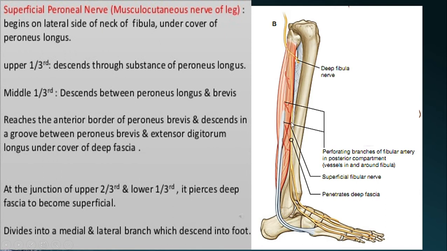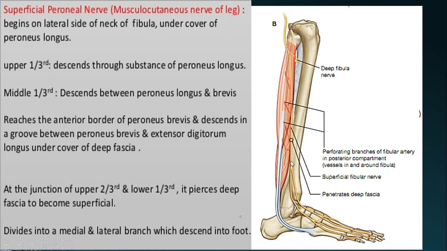Then, in the middle one third of the leg, it is going to pass between fibularis longus and brevis muscles. In the lower one third, this nerve is going to pierce the deep fascia of leg and become cutaneous.